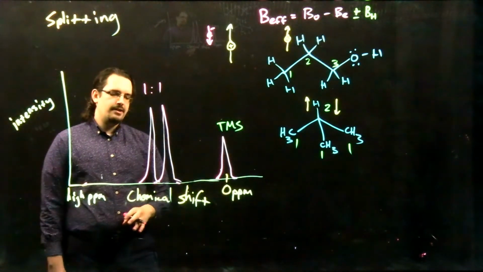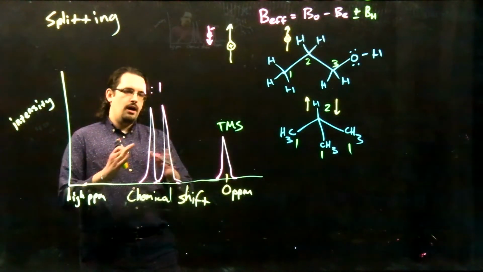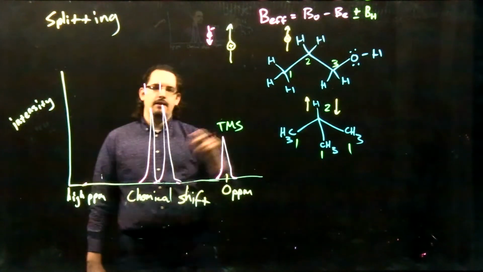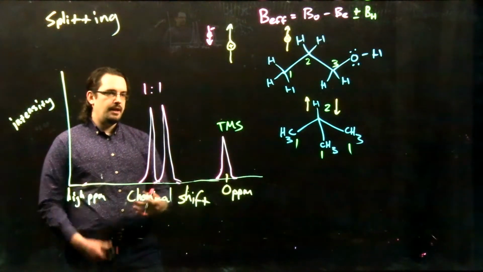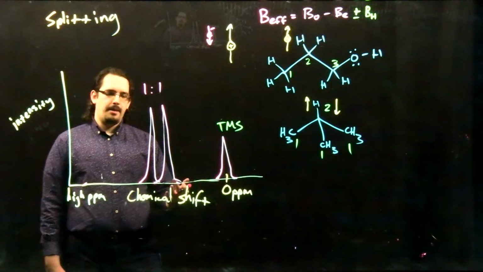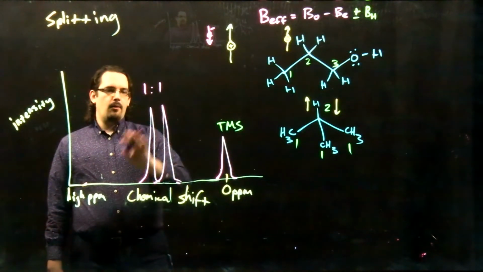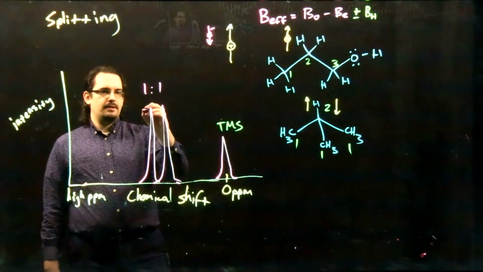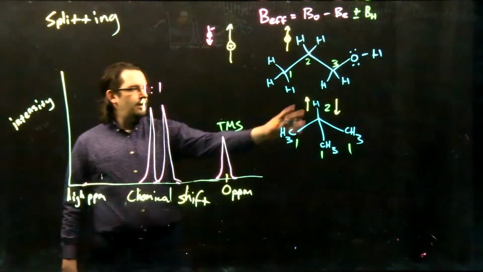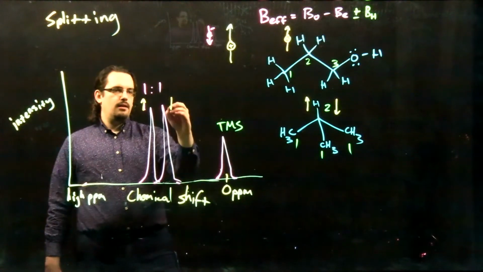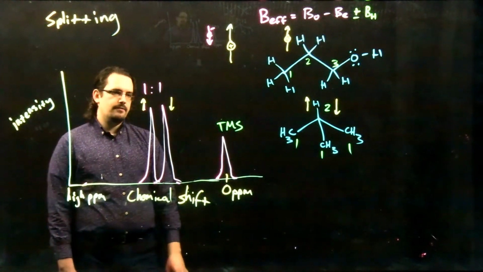We have a 1-to-1 ratio between these 2 peaks, as our peak basically shifts based on the spin state of that hydrogen atom. So if the spin is supporting our magnetic field, then we're going to have a larger energy gap or a higher frequency. So that would be to the left. This will be our spin up. And if the other hydrogen is against it, then it would be slightly more to the right, to our lower frequency values.